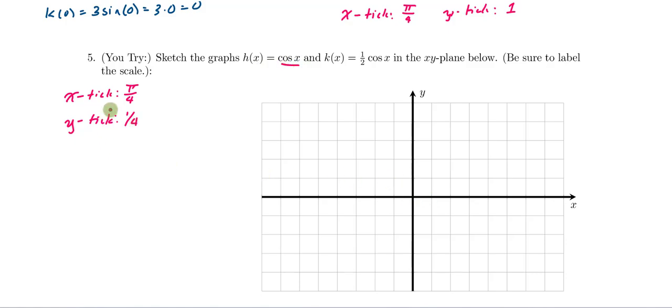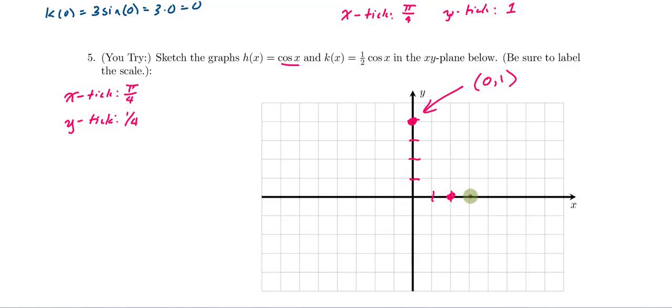So when I go to sketch, I'm going to sketch this one with you. We know that the cosine of 0 is 1, and if I'm letting each y tick mark be 1/4, there's 1/4, 1/2, 3/4, 1. So there's the ordered pair 0, 1. And if I'm letting each tick mark be pi over 4, there's pi over 4, pi over 2, but we know that the cosine of pi over 2 is 0.